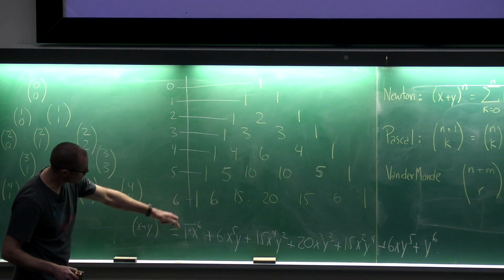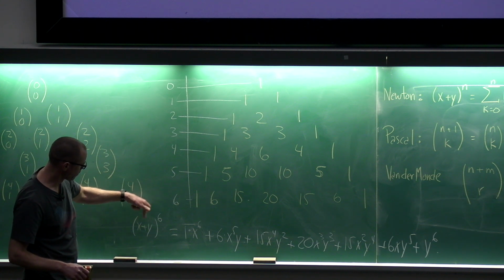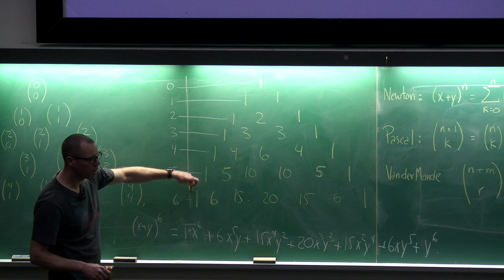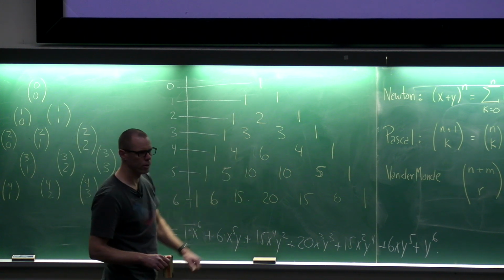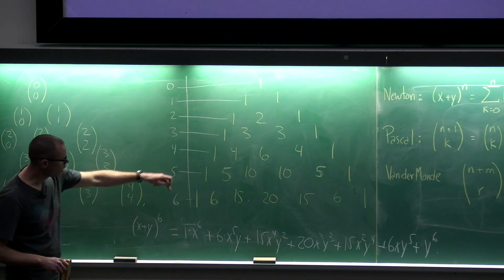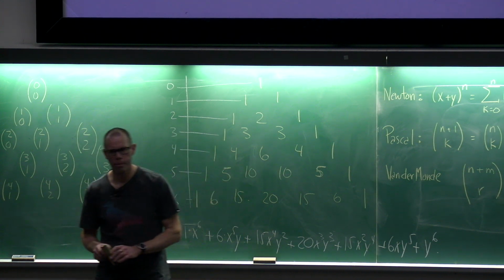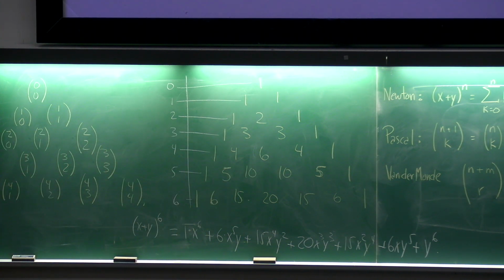So the coefficients of one of these binomial expansions just come off this row. So for x plus y to the n, you read the coefficients off of the nth row of this triangle. So that's where that comes from.